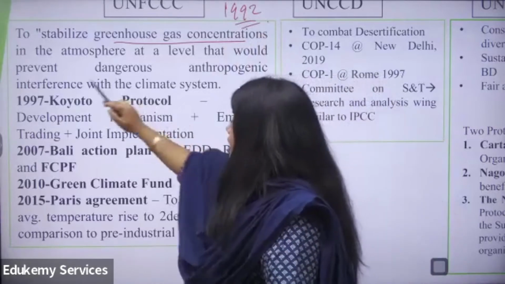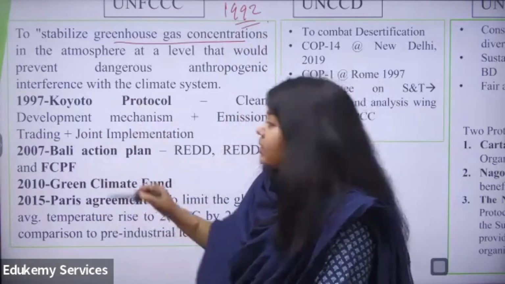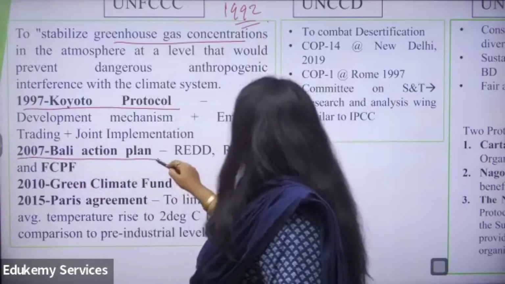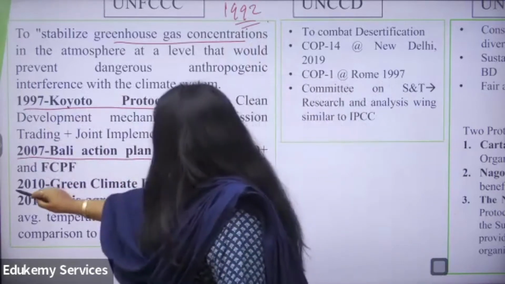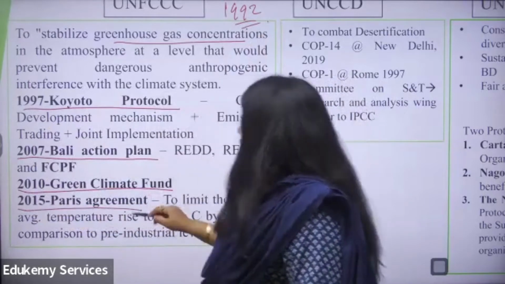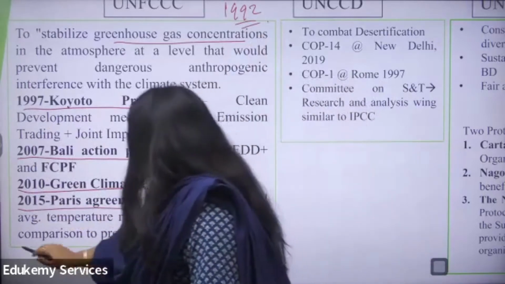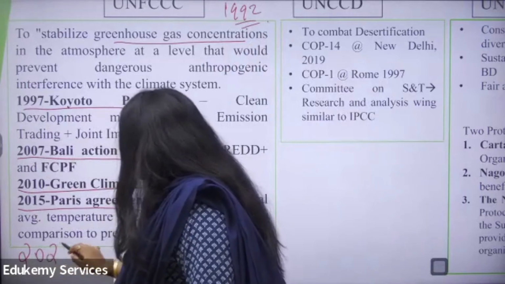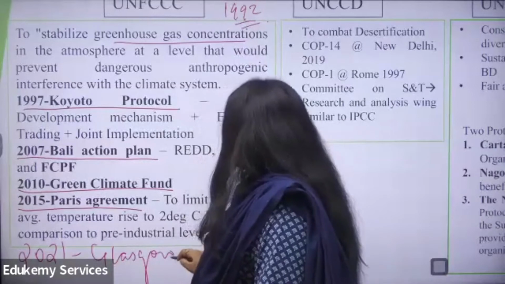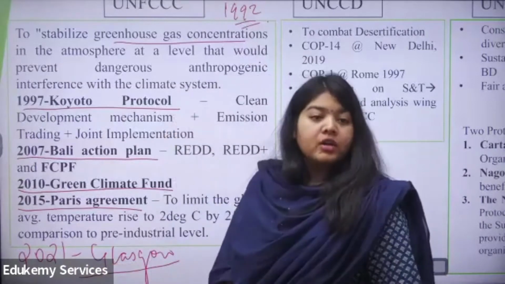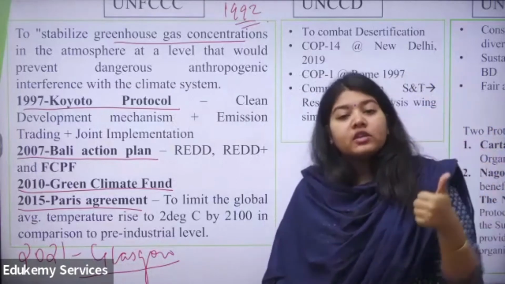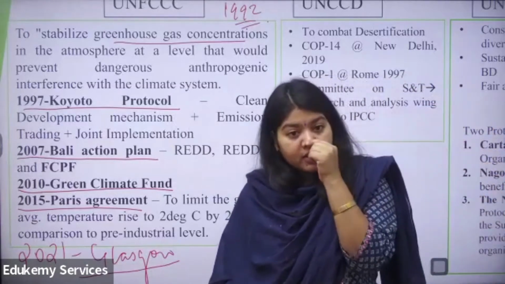The important conventions here are the 1997 Kyoto Protocol, 2007 Bali Action Plan, 2010 Green Climate Fund, 2015 Paris Agreement, and now 2021, which is Glasgow. We have done Glasgow extensively. All right. So in the Kyoto Protocol, we revised it yesterday also. I got CDM, JI, emission trading.